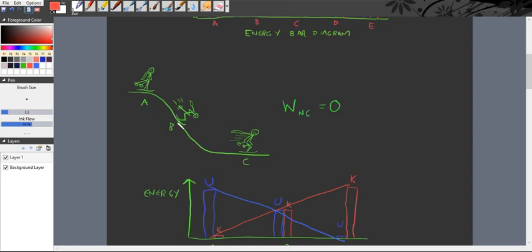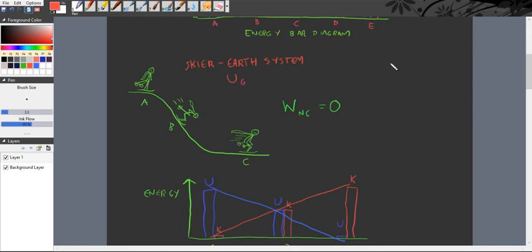So we wouldn't say it's the skier's potential energy. We would say it's the skier, let me write this down, it would be the skier-Earth system, which is storing that gravitational potential energy, okay?